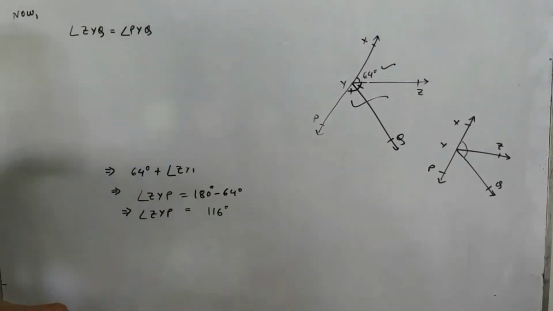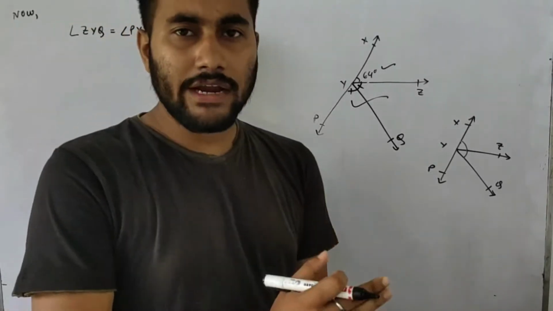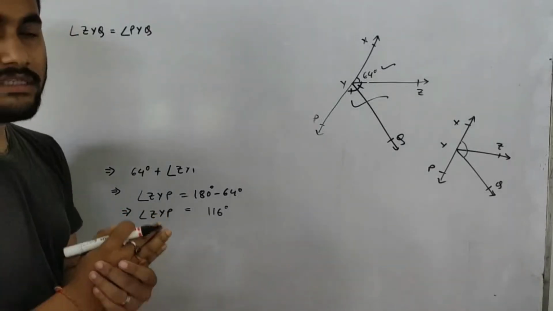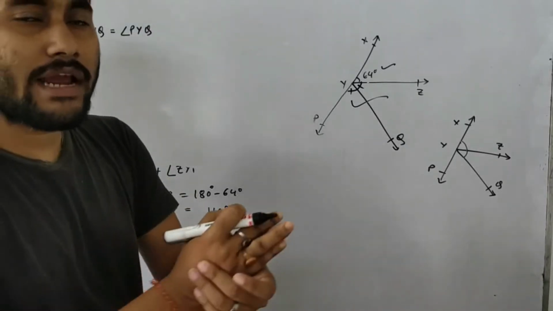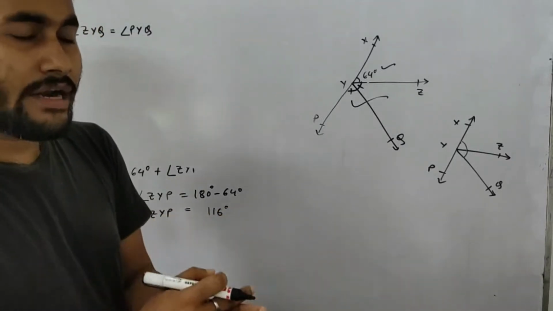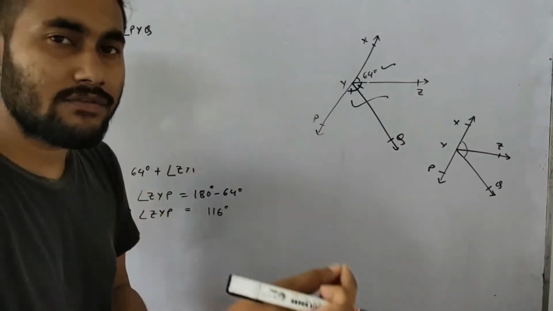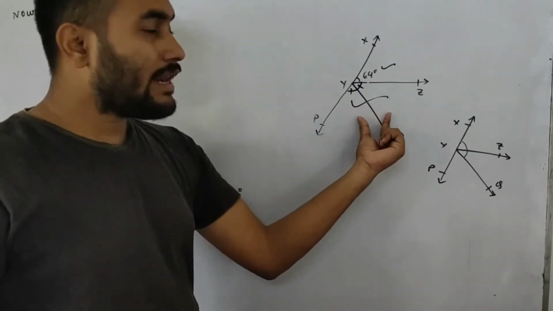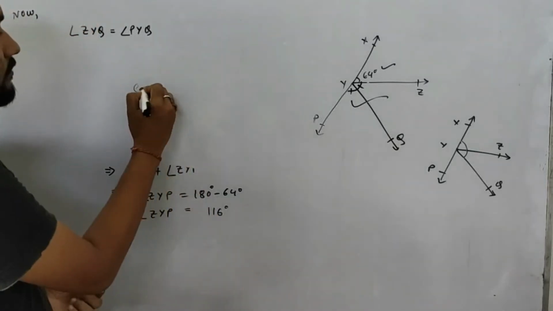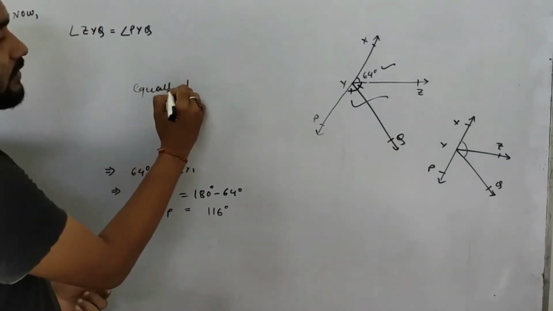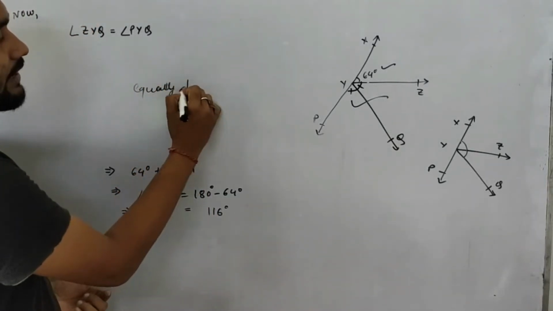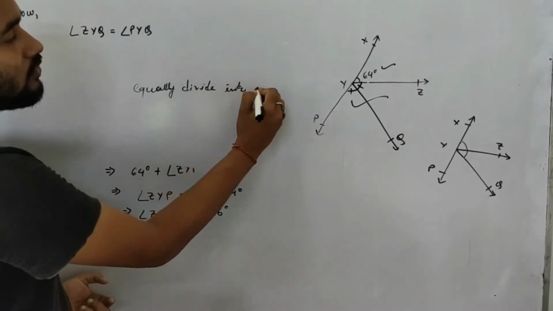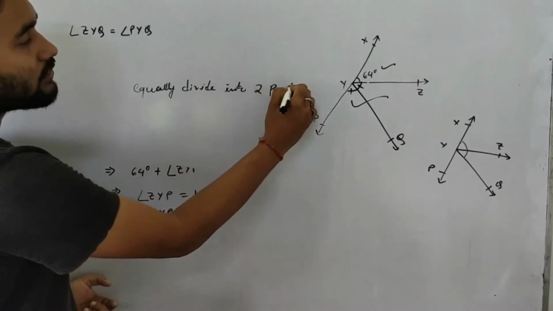Bisection means equally divide. Divide means what? By what do you have to divide 60 so that you get 30 degree? By what do you divide 100 so that you get 50 degree? Now very simple. Bisection means equally dividing into two parts.